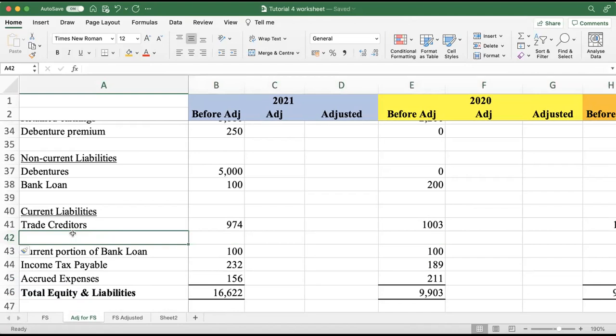You can say current proportion of lease liability or lease creditors.